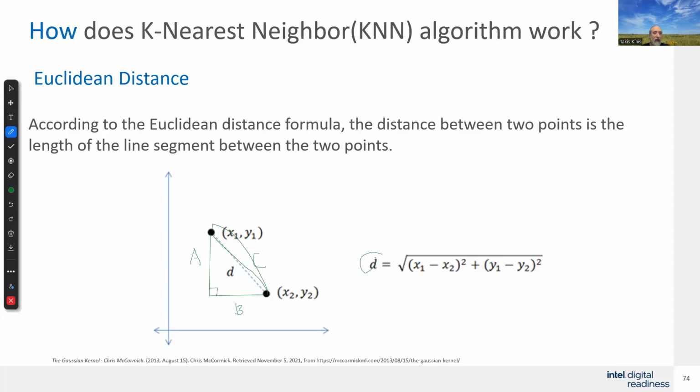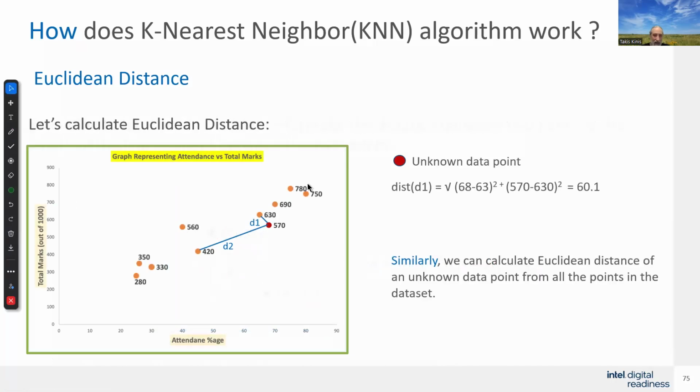This is pretty common. But if we're analyzing, think about this, all of our data points that we have, and we're comparing it to our new data point, and then using that new data point to determine the distance to all the nearest neighbors, right? So we can run that formula. We can take our new data point, and notice the 570 here, right?